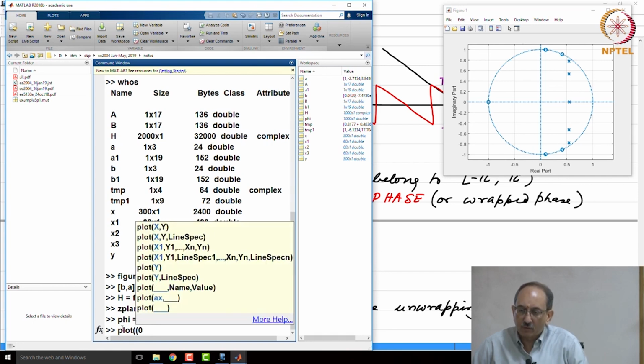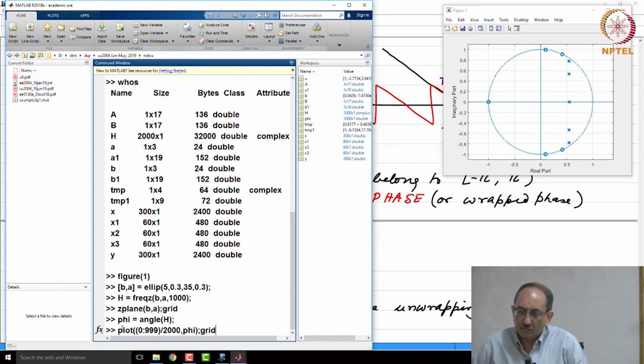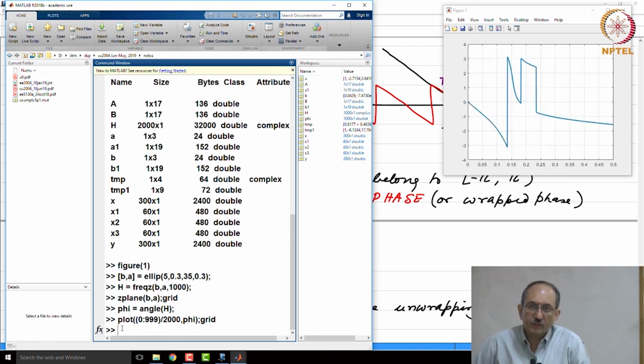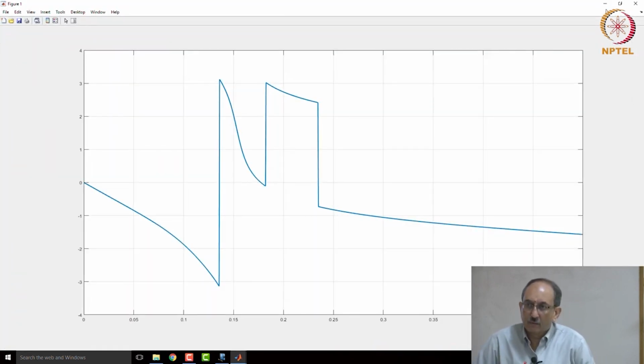It is enough if you plot this from 0 to pi. So, since I have taken 1000 points, this is the phase response, and this is the wrapped phase response.